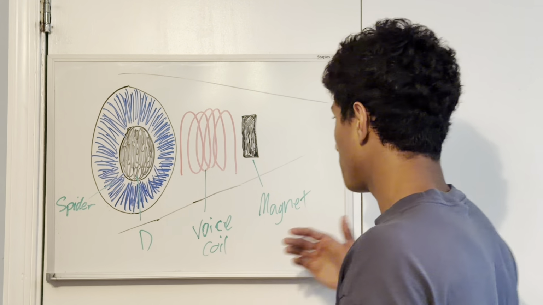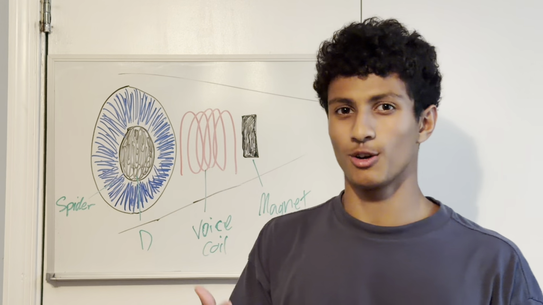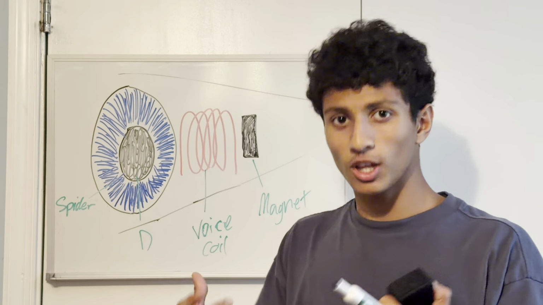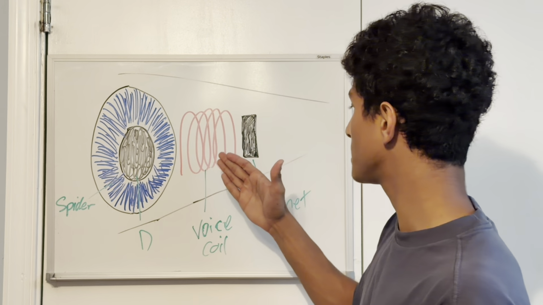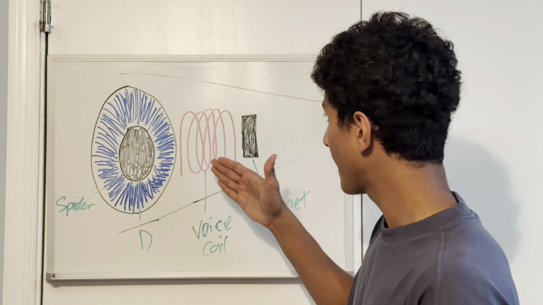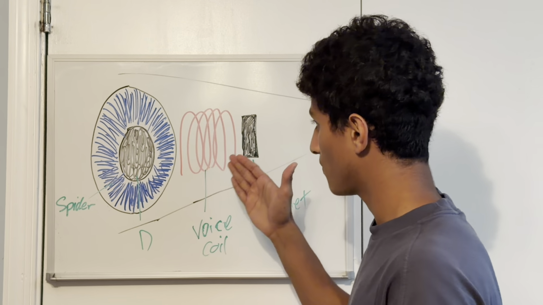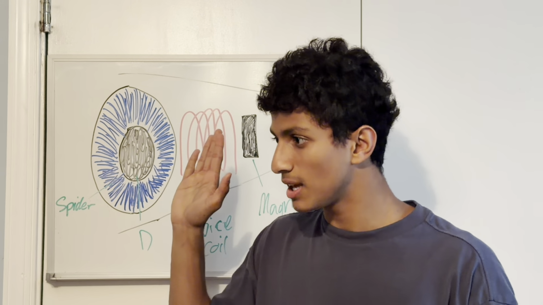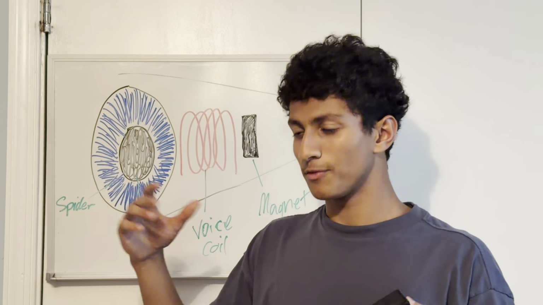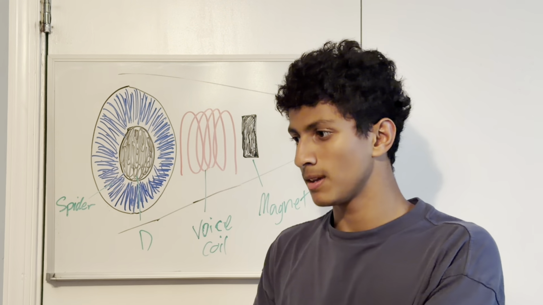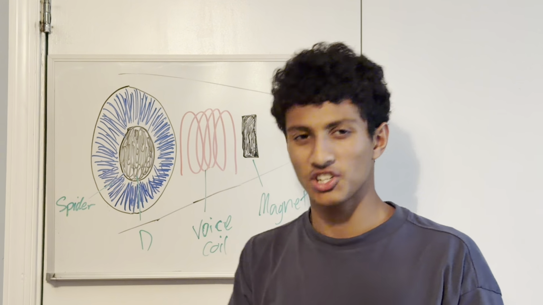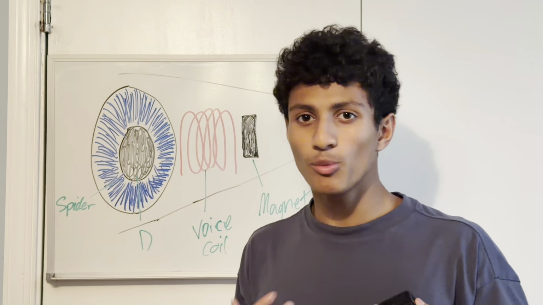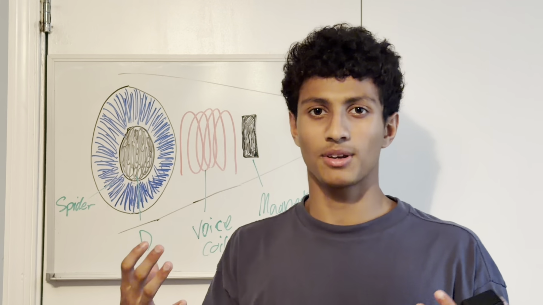So the ones and zeros from our audio file are converted into physical electrical signals that pass through this voice coil and cause this magnet to move. In turn, the diaphragm oscillates with very precise speeds and durations, which pressurize the air waves in ways that we want in order to get the sound that we are looking for.